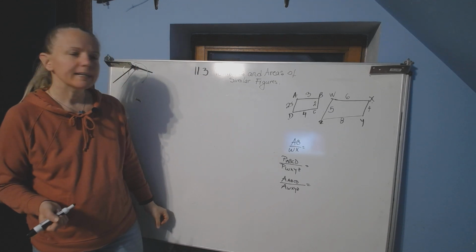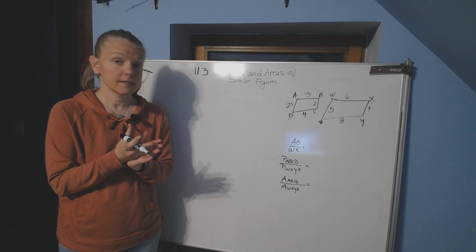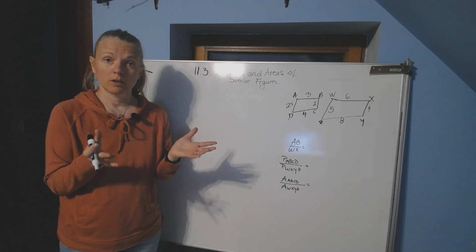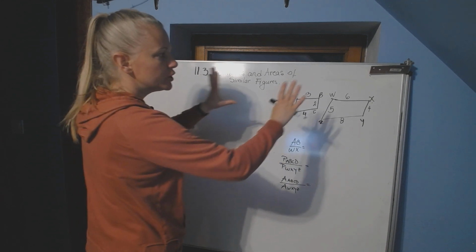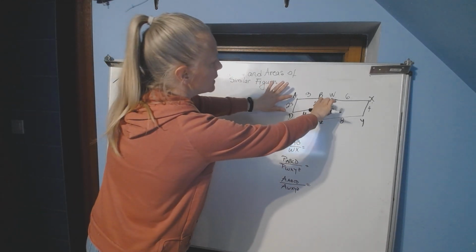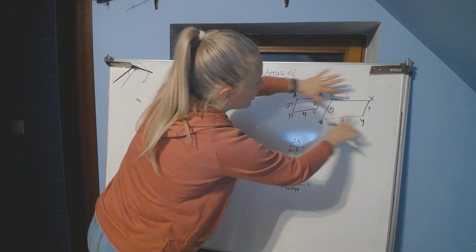To recap really fast, we did similar triangles before. This is not a new notion for you. Similarity meant that if you have two similar figures, the ratio of the smallest side to the bigger side will always be the same.